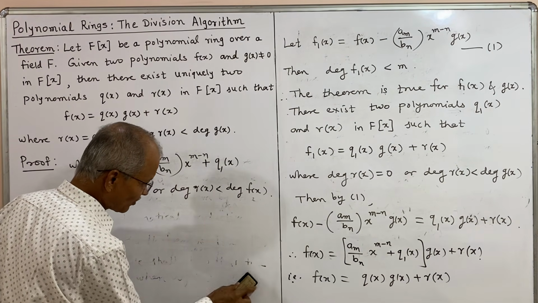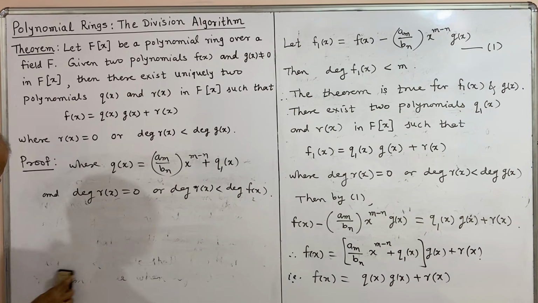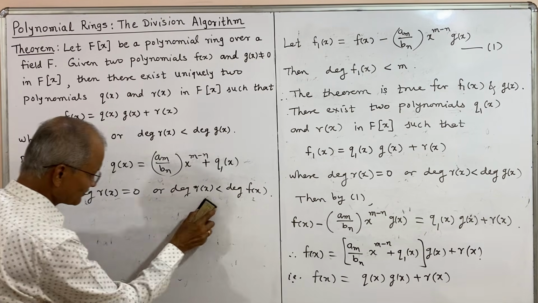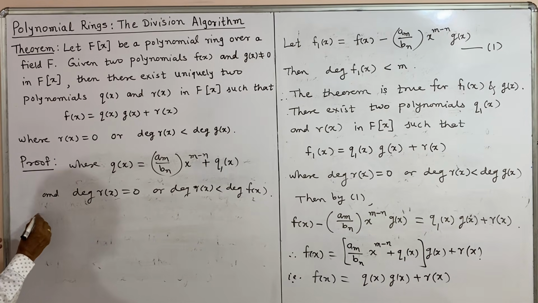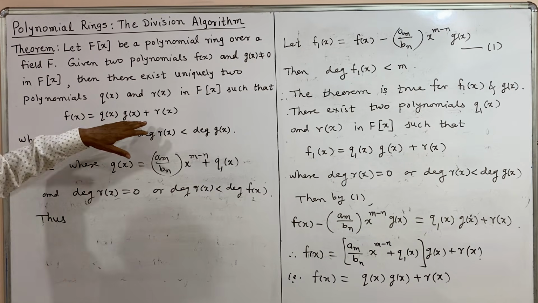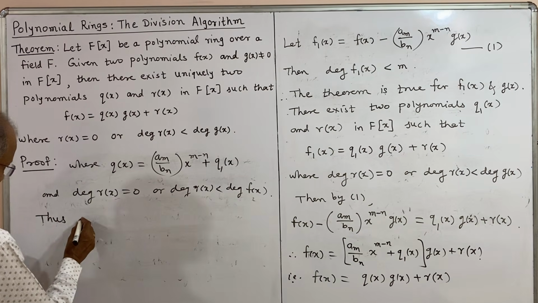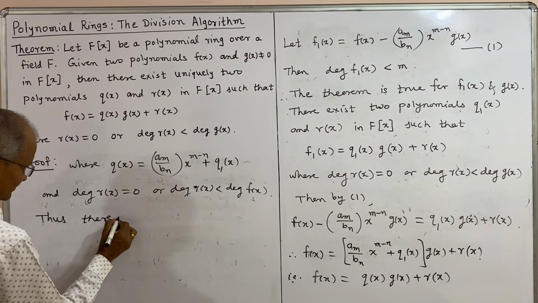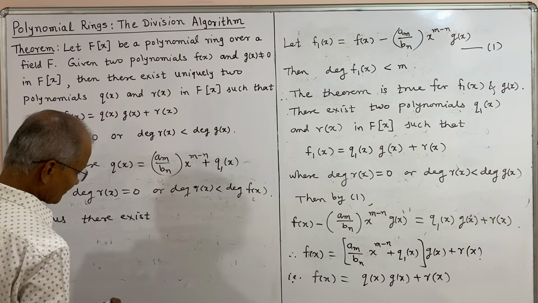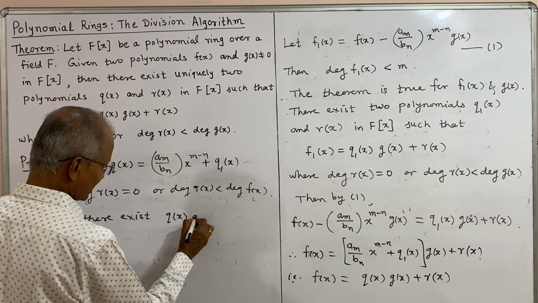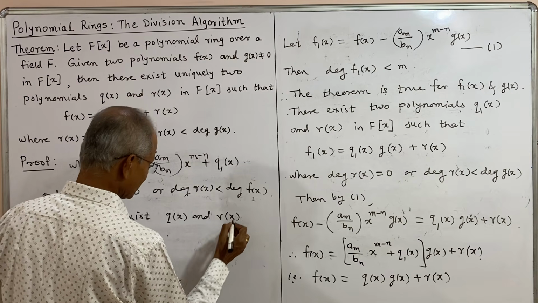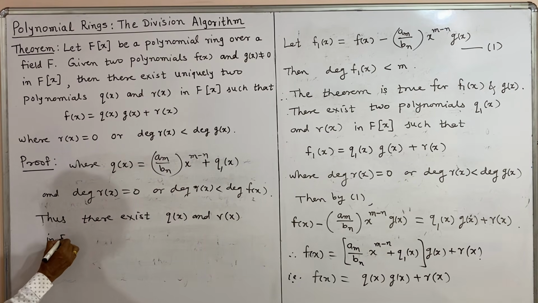Thus the theorem is true when the degree of f(x) is equal to m. Thus there exist q(x) and r(x) in F[x] satisfying the condition in the theorem.